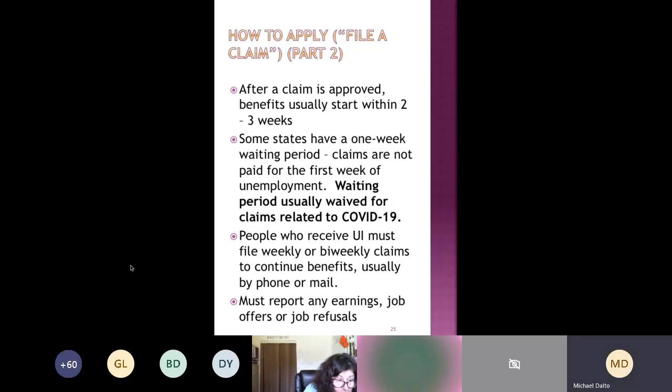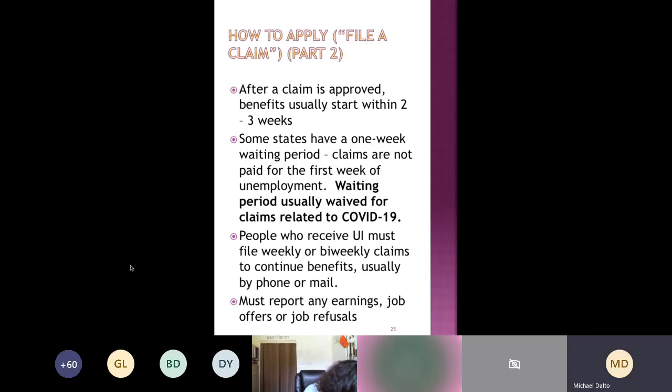But that waiting period is usually going to be waived for claims that are filed due to COVID-19, partly as a result of an incentive that the CARES Act provides to states.